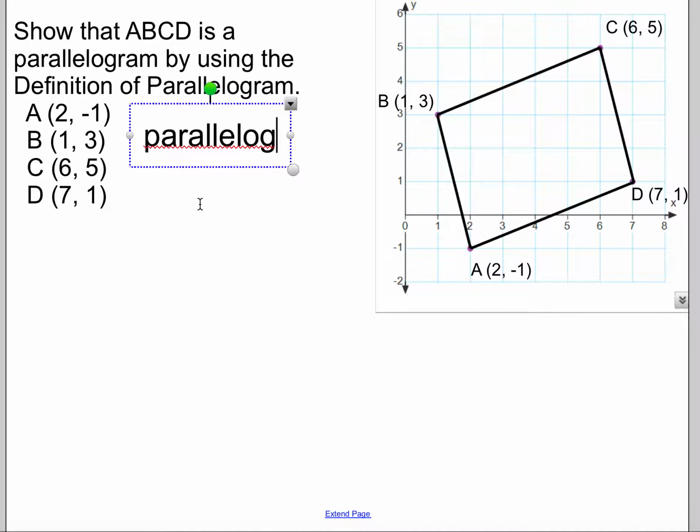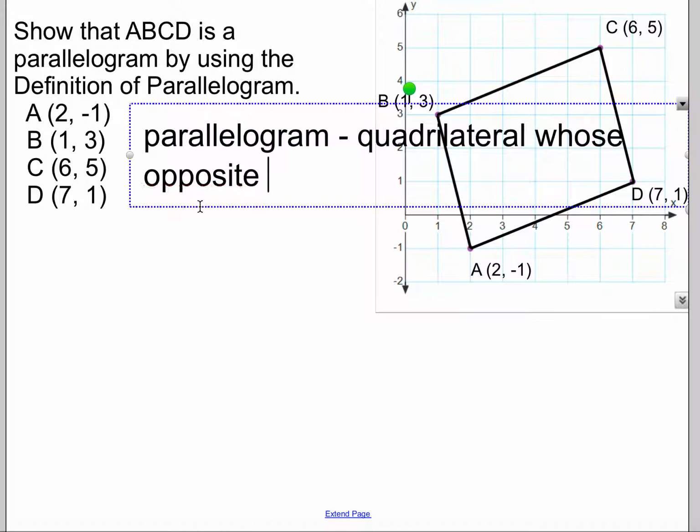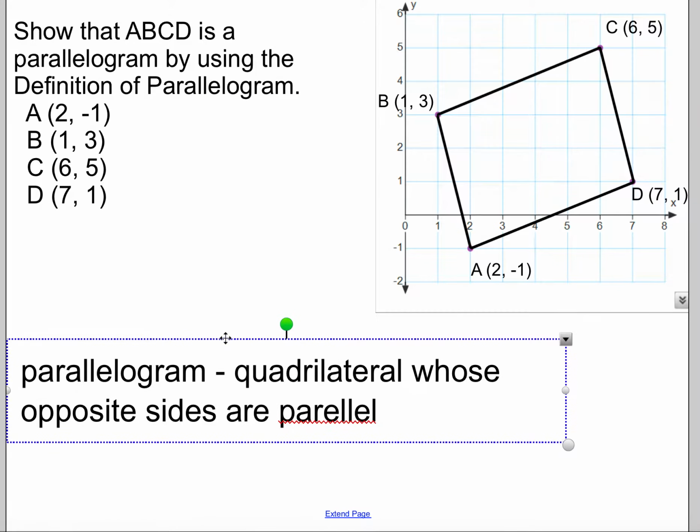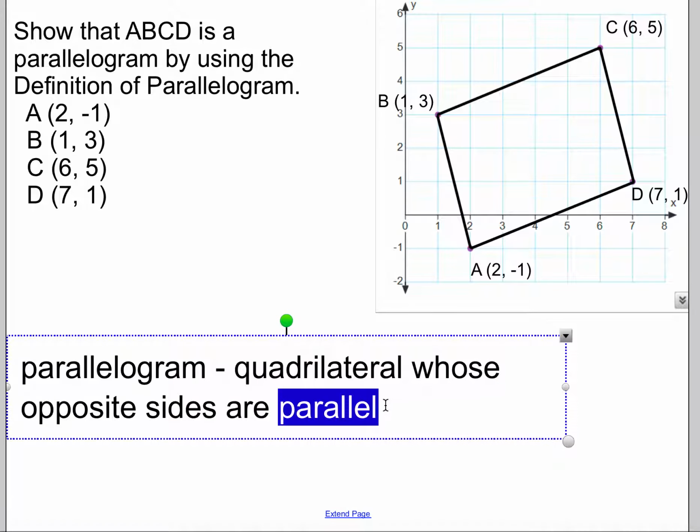A parallelogram is a quadrilateral whose opposite sides are parallel.